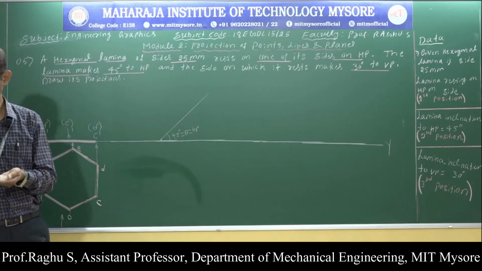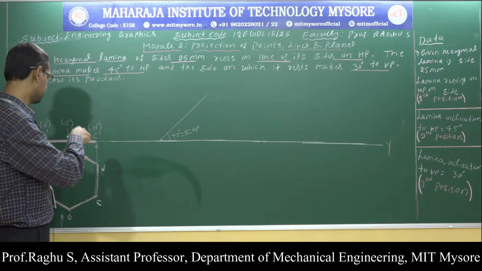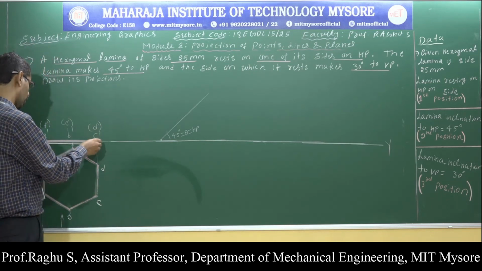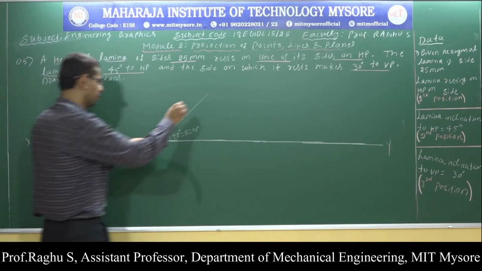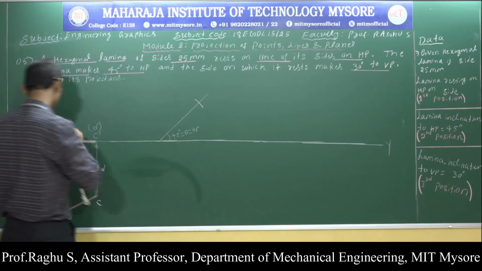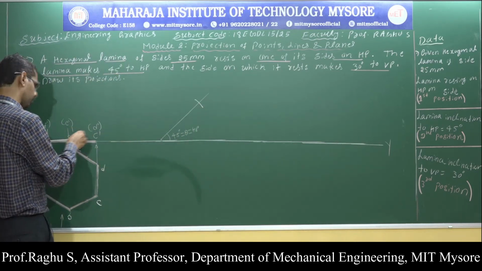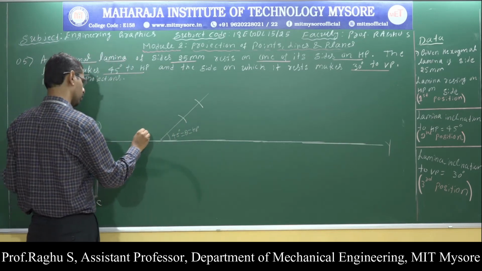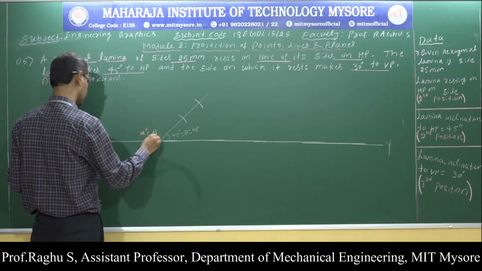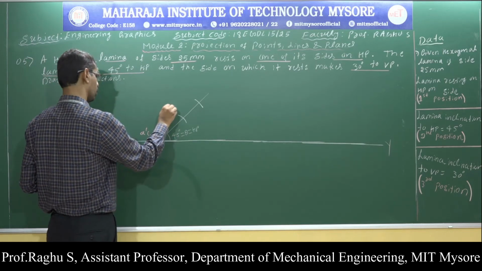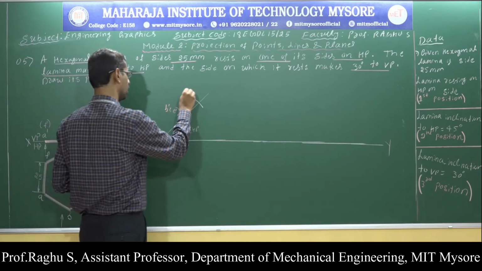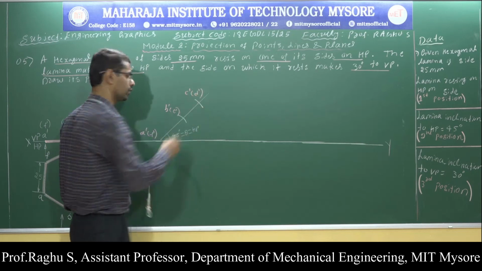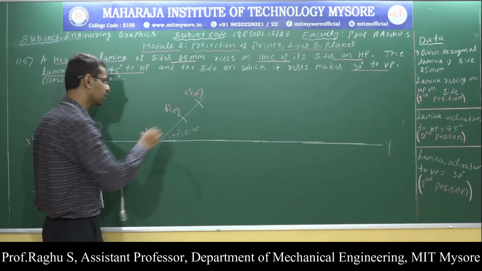Next, measure this distance and cut an arc. Here measure this distance and here cut an arc. Now do the naming: A dash and F dash, B dash and E dash, and C dash and D dash. Now make it dark.